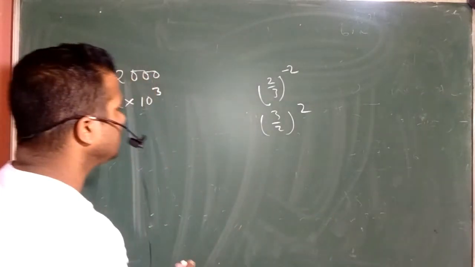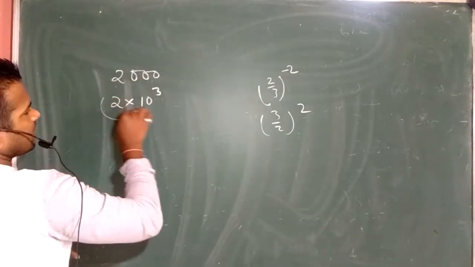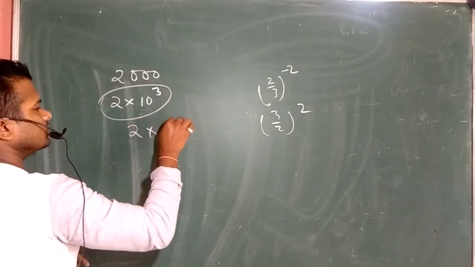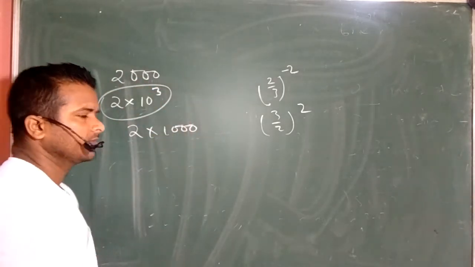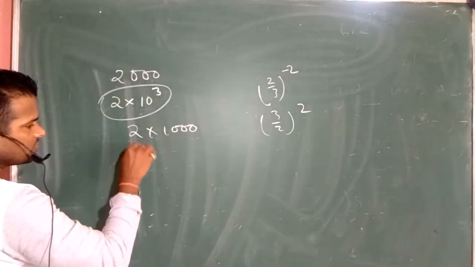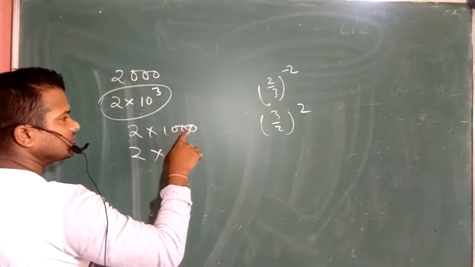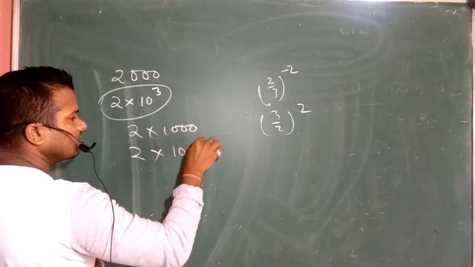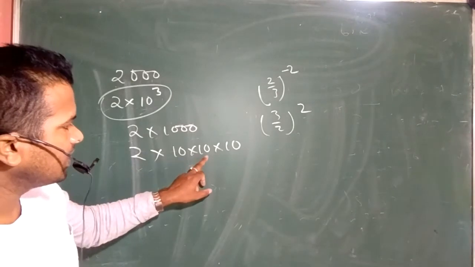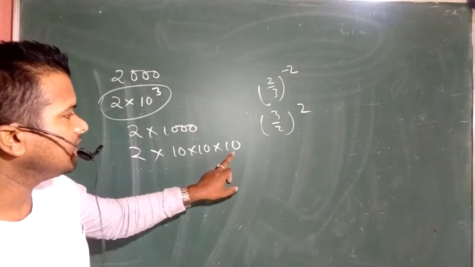Let us take an example. How does this come? 2000 means what? 2 into 1000. This 1000 can be written 10 into 10 into 10. If you multiply, 10 tens are 100, 100 tens are 1000.